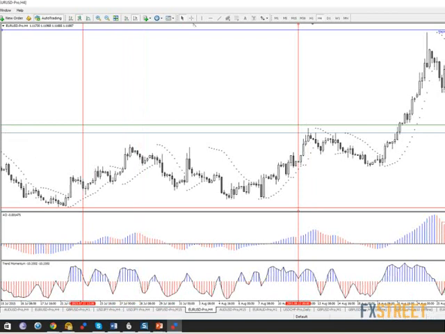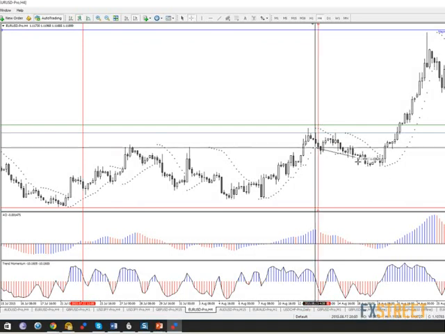Sometimes you will not see a perfect touch of the level, but it's very close. So you should always use your logic. And this was your confirmation of a short trade here. And after some time, the price went something like 100 pips in your favor.